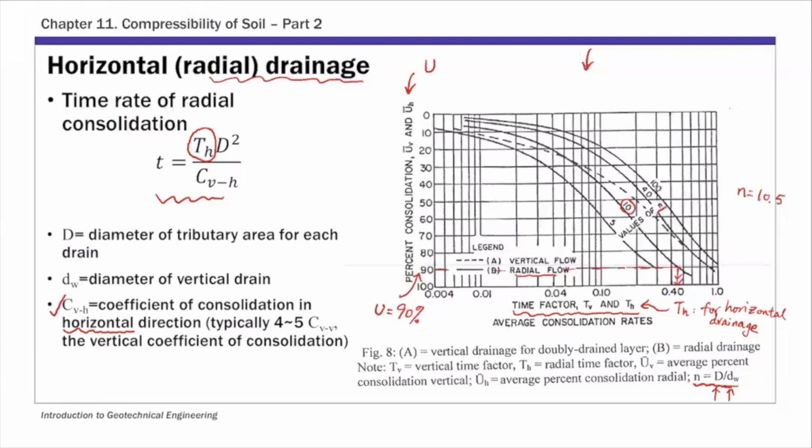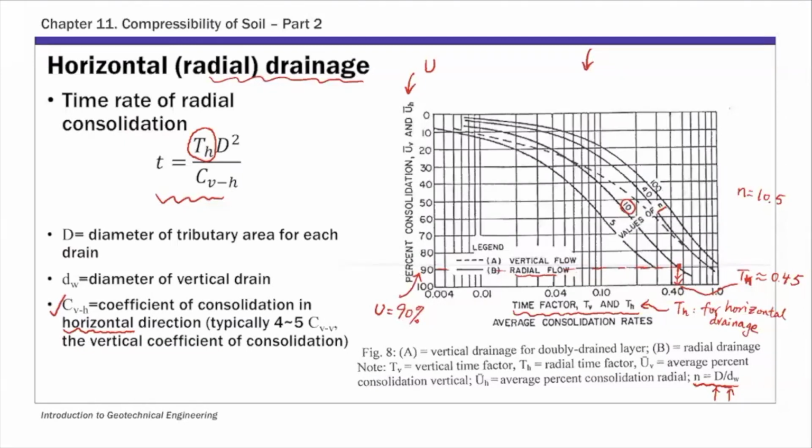And this is T sub H, approximately 0.45. So that's how you get your time factor. Again, if it's just a vertical drainage case, we just use table 11.7 to find time factor. But because we have this horizontal radial drain, we need to use this chart here.